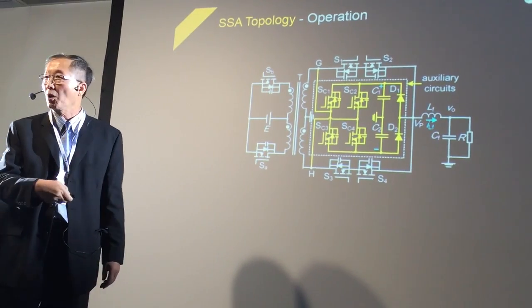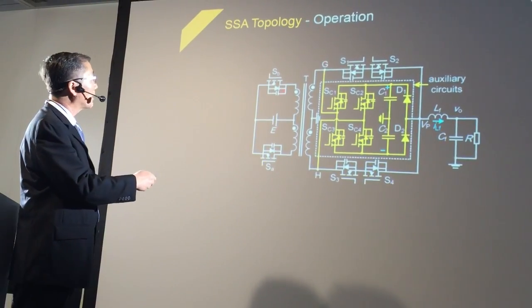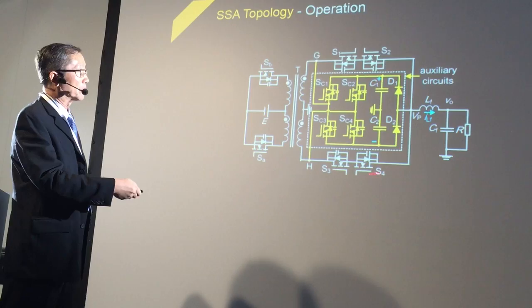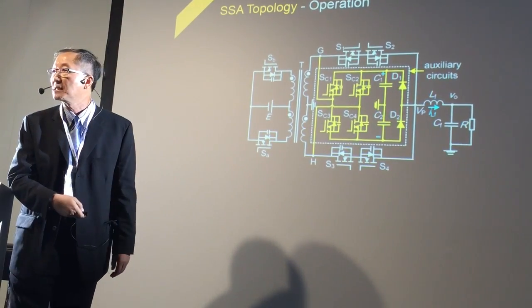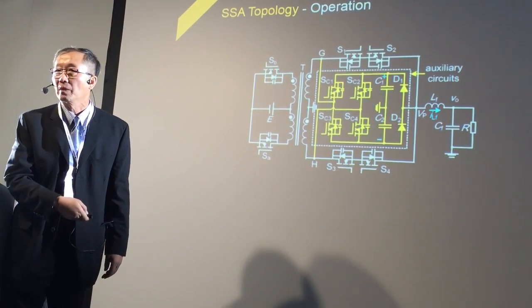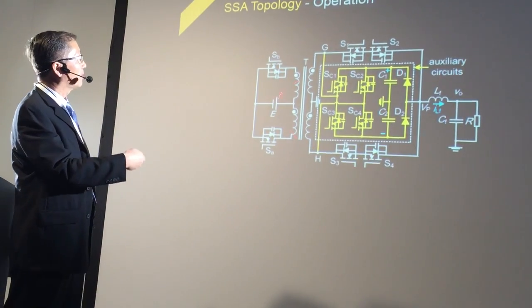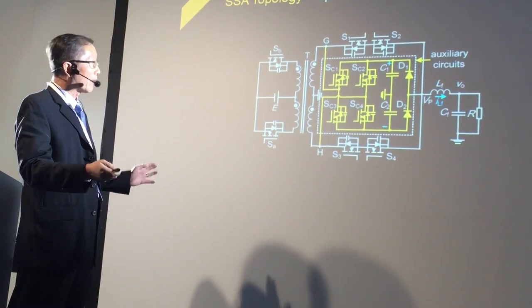If the energy is too large, it needs to return to the primary, and we recycle it to resupply this load again. So this is the simplified circuit.